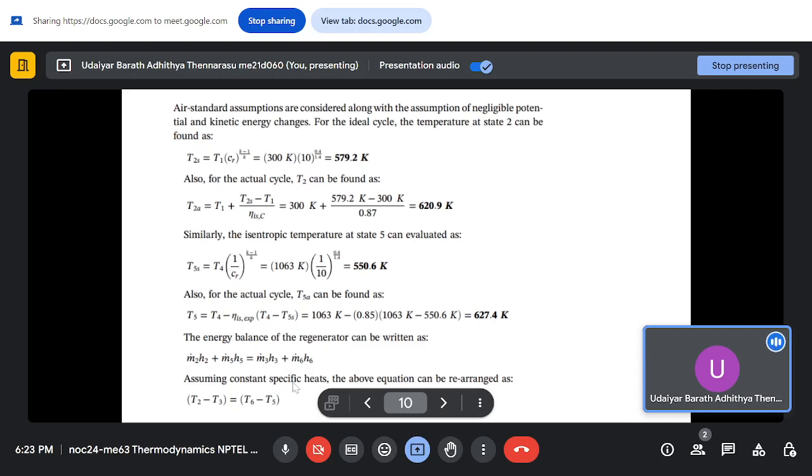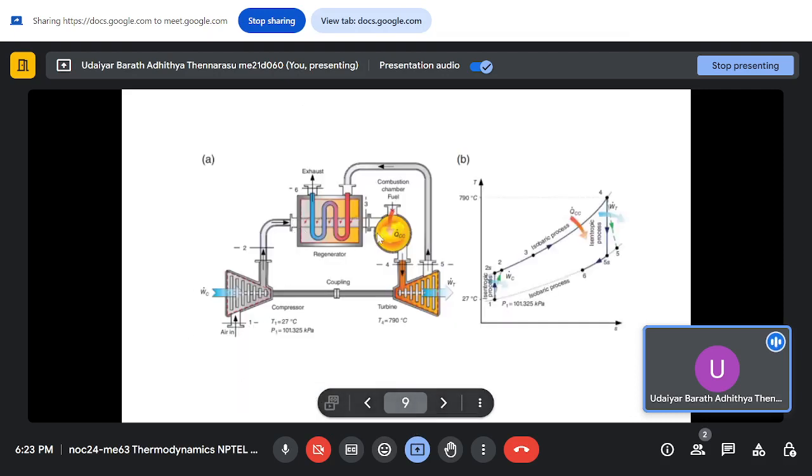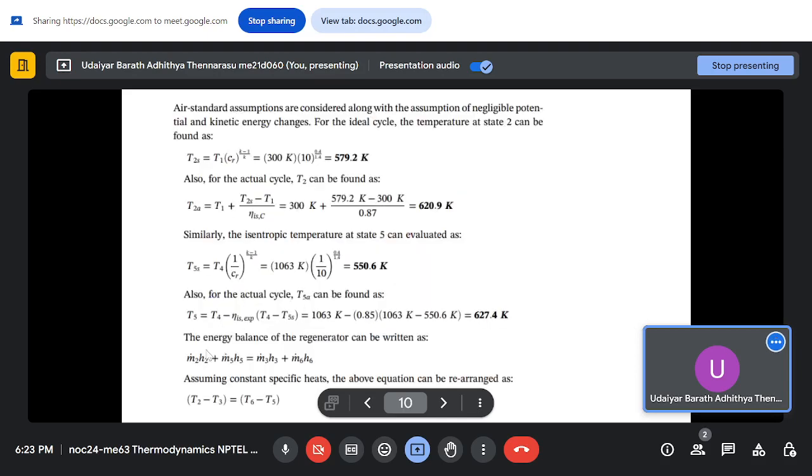Your mass flow rate will all be the same, because there is no mass rejection or addition anywhere except at the turbine inlet and exhaust. So throughout the cycle your mass flow rate is the same, so it cancels out, and the enthalpy you can write in terms of Cp and temperature, assuming it's independent of pressure. So Cp cancels out again because you are assuming Cp is constant. So you get T2 minus T3 equals T6 minus T5.